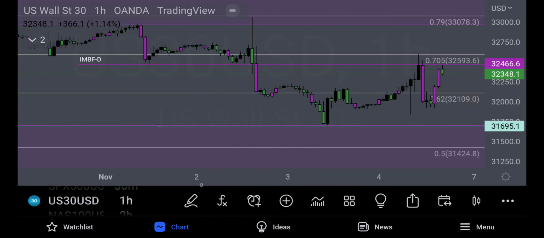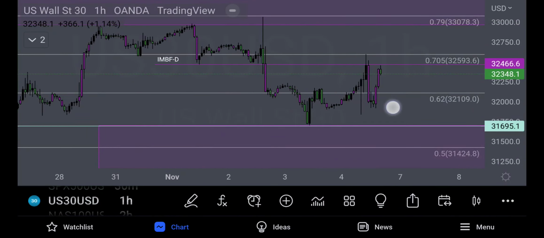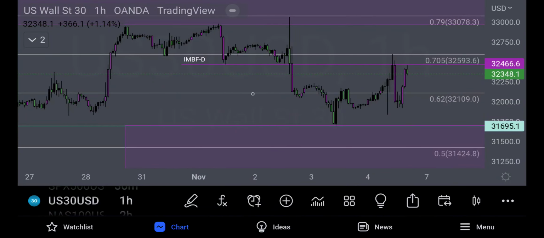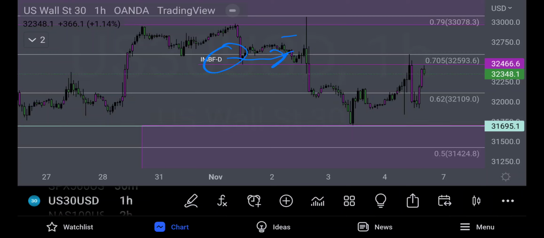What do I see? Really not much has changed, just pretty much the same thing. Again, we can see an intermediate low broken with a fair value gap. Price pushed up into it, as well as this weekly BPR, as well as an OTE trade on the weekly.